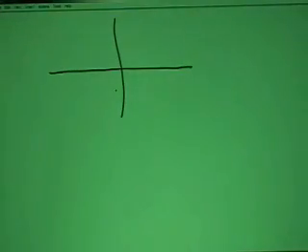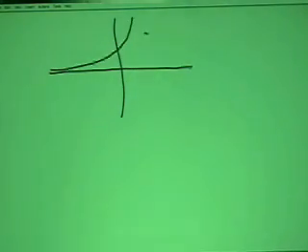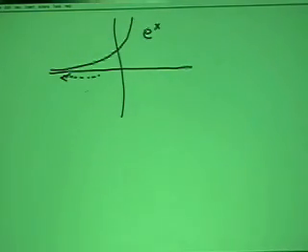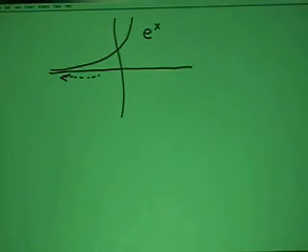So here, if you have the x and y axis, and you have some function that, actually one that we know very, very well, it's the function e to the x. And I've often said that this particular function, as x gets small, as x goes this way, e to the x is going to 0 in that direction. And now what we want to be able to say is something that shouldn't surprise anybody.